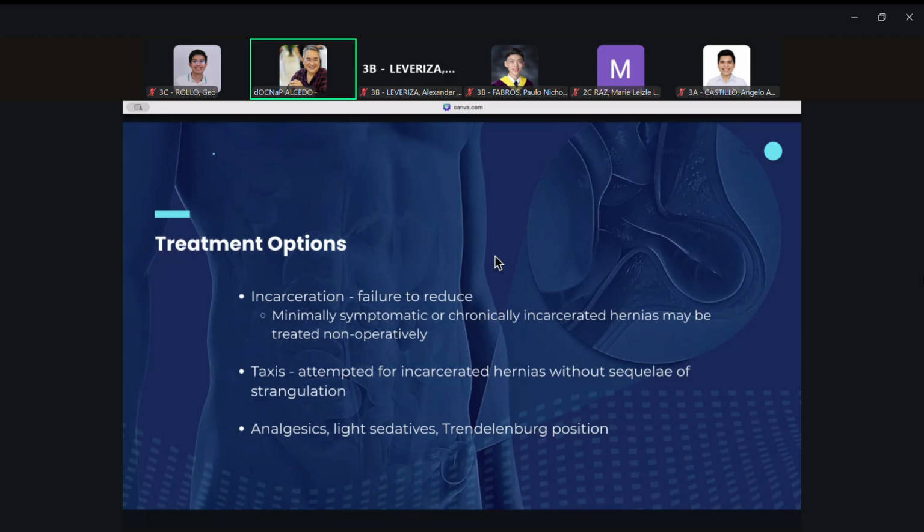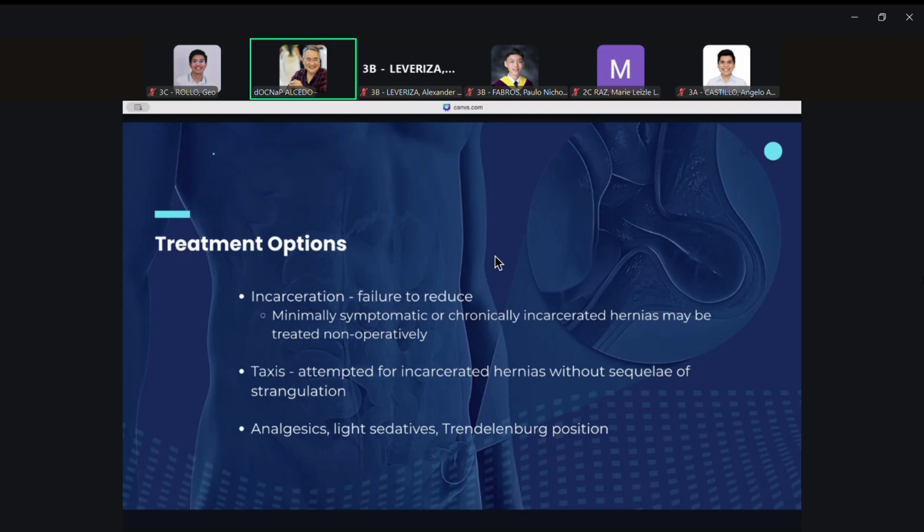Okay, so you can attempt to do taxis and reduce the hernia and convert it into an elective procedure rather than an emergency procedure. But take note, very important is not to do taxis in an incarcerated hernia with the possibility that the herniating organ is already strangulated.